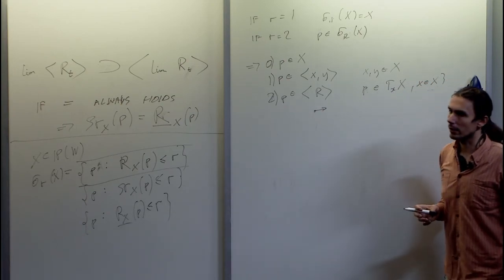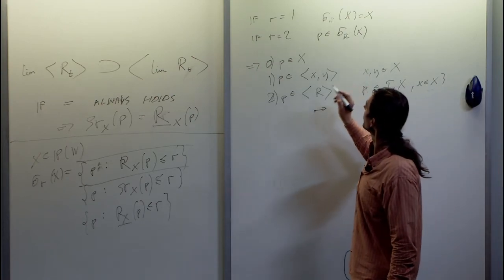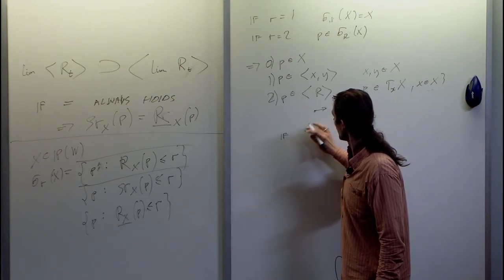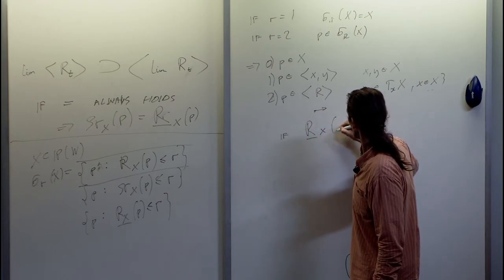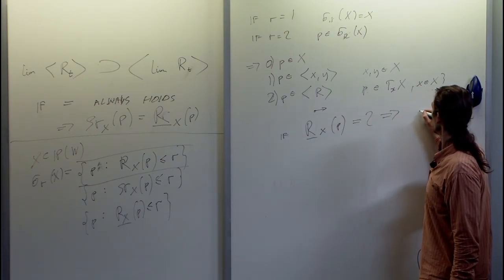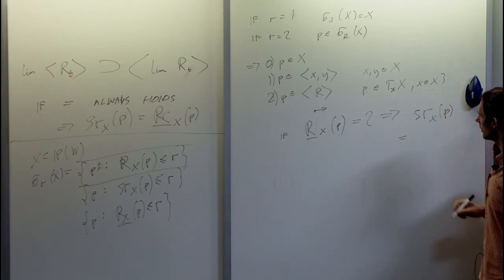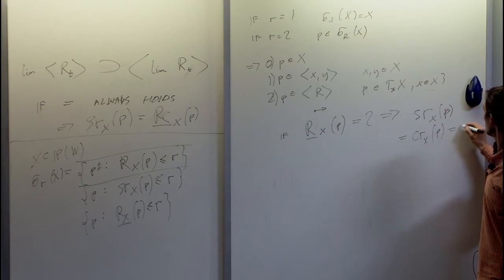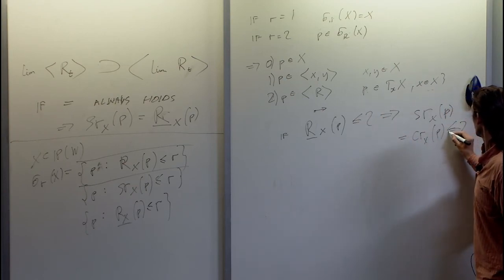And this is a classical theorem. So in this case, we always have equality: if the border rank is equal to 2, then the smoothable rank is equal to the cactus rank of P, and is equal to 2.